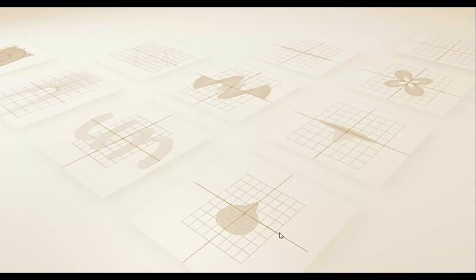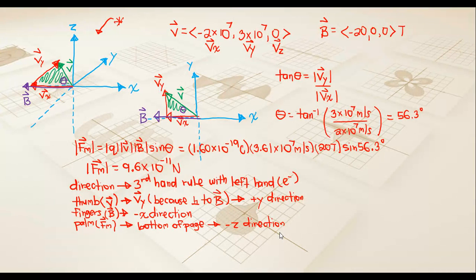Okay, now we're ready to write this as an ordered triple. Now we can put the direction and the magnitude together. Fm would be equal to, open the ordered triple up. The deflecting magnetic force only has a Z component. It points in the negative Z direction.